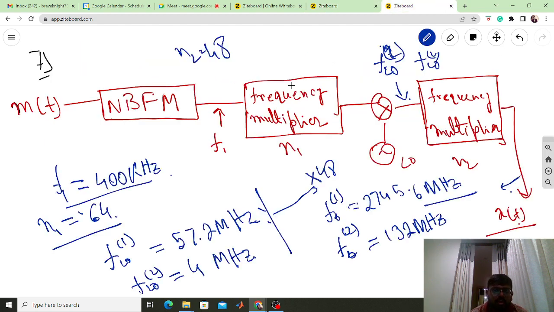Another output was given, like the variation of delta f1.